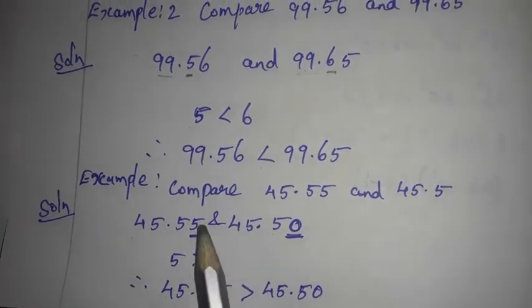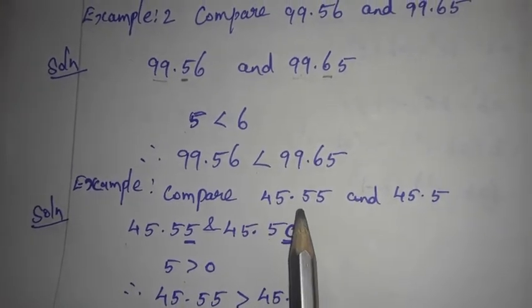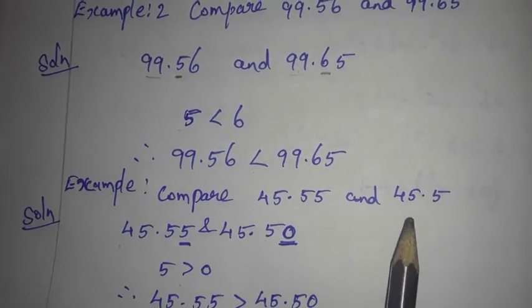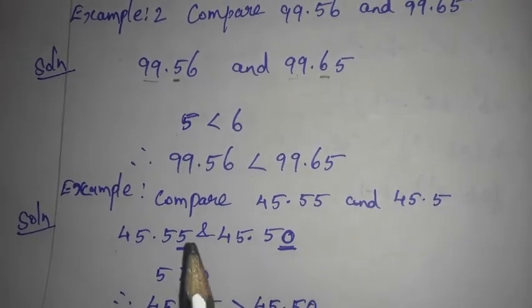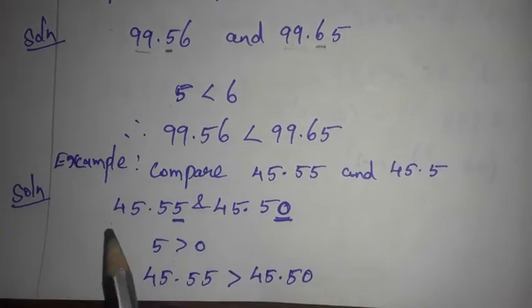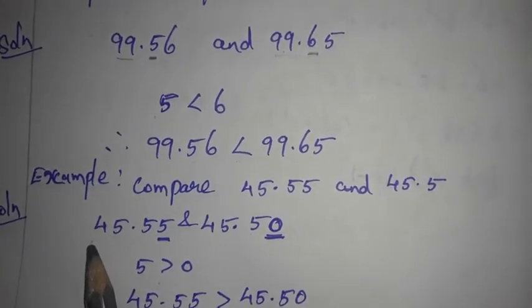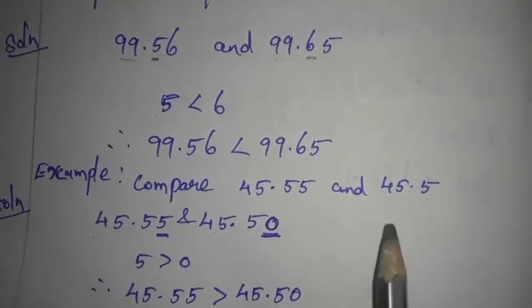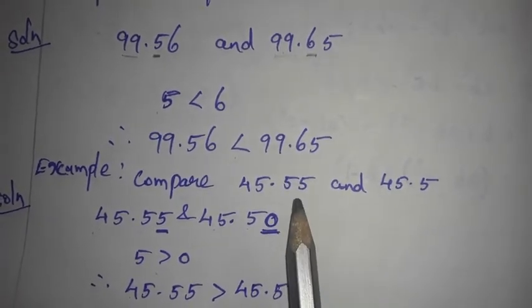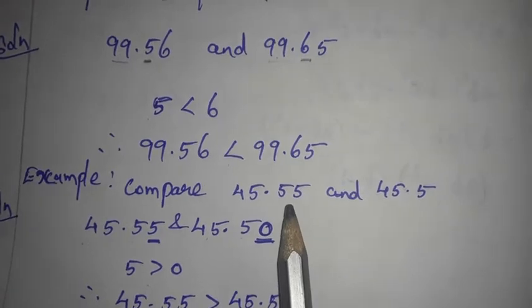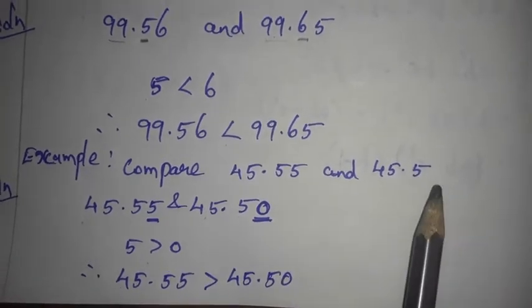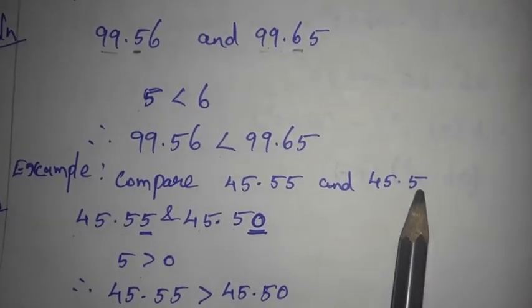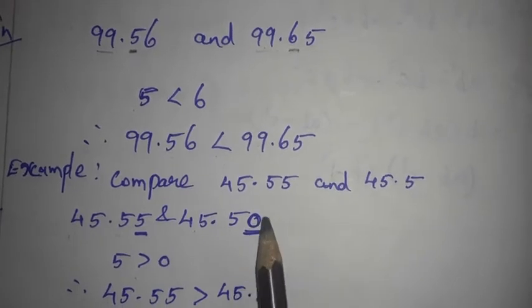The third example, compare 45.5 and 45.55. To compare these two numbers, as usual, first you have to compare the whole number. The whole numbers are equal and the 10th place is also equal. Then you have to compare the 100th place. In the 100th place, we have 5 in the second number and we do not have any number in the first number, so we write 0.